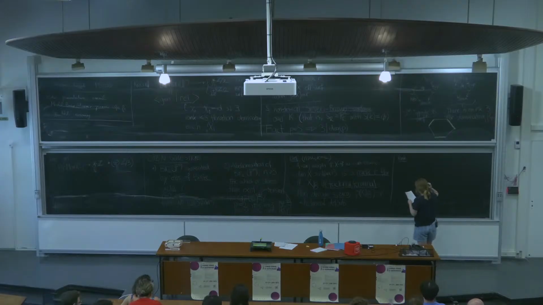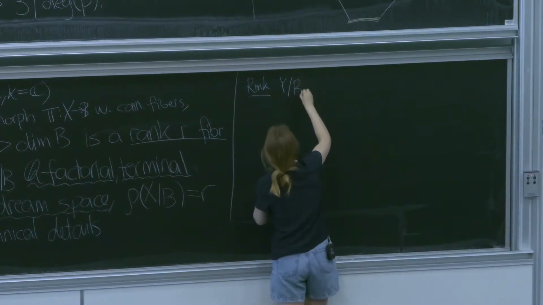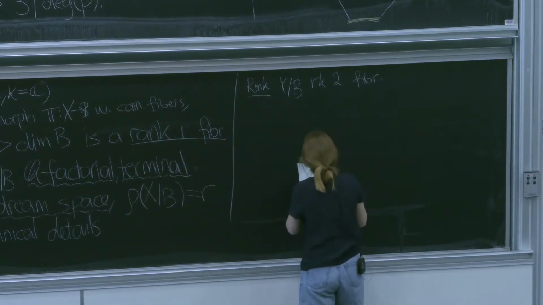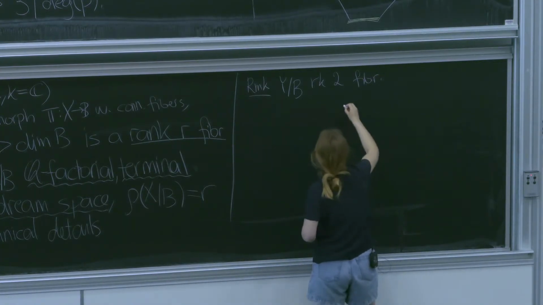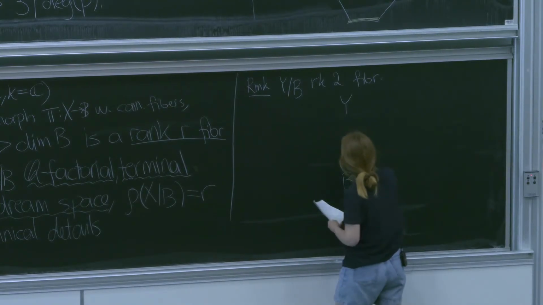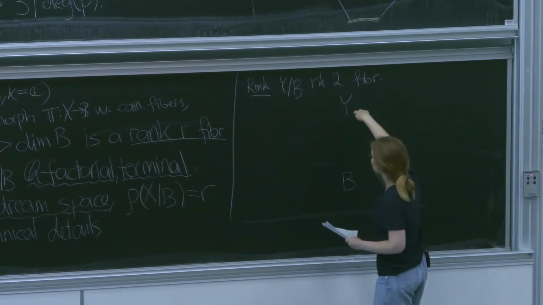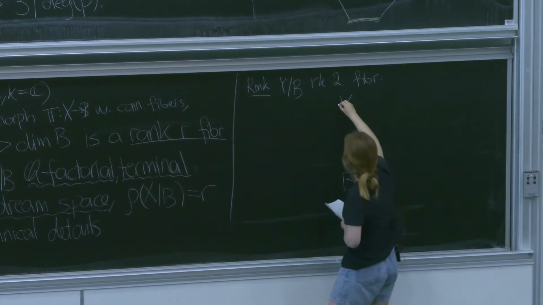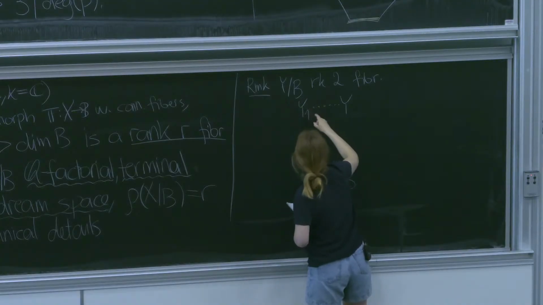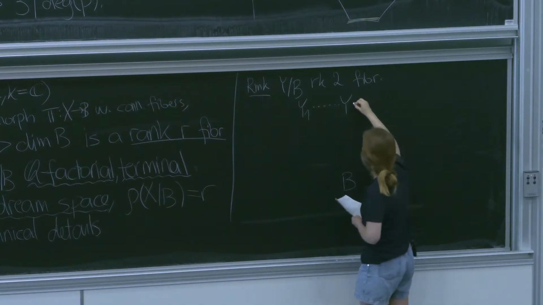So if we have Y over B a rank 2 fibration, we get the following diagram. So I have Y over B. And now in higher dimensions, we need to allow some pseudo-isomorphisms. When I do dots, it means pseudo-isomorphism.